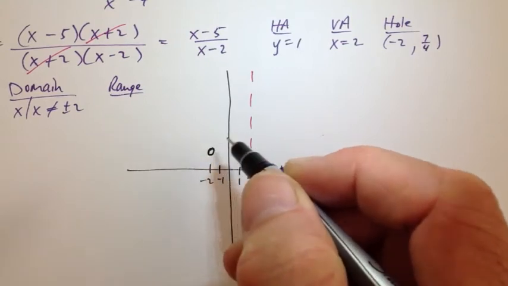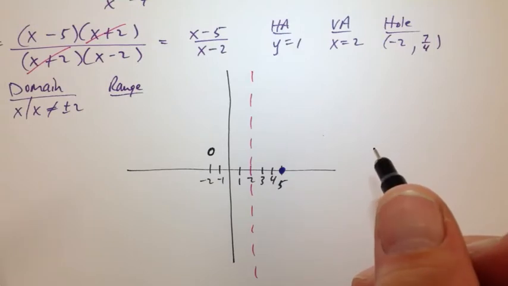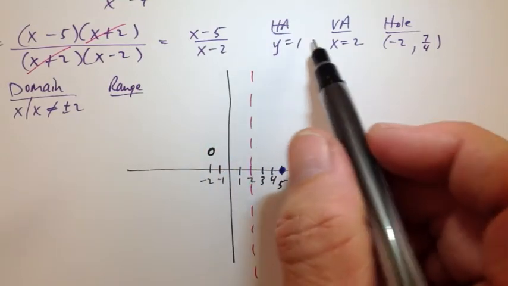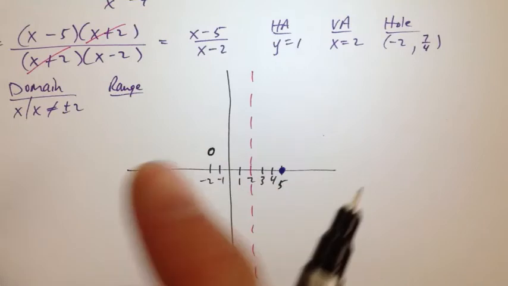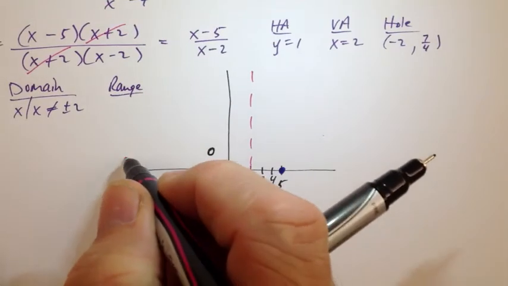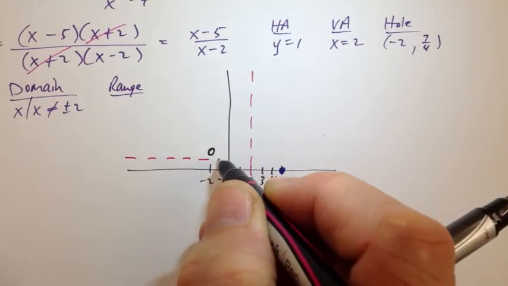So there's a hole there. Then remember the horizontal asymptote is y equals 1, so we need to put that in there. 7/4 is above 1.